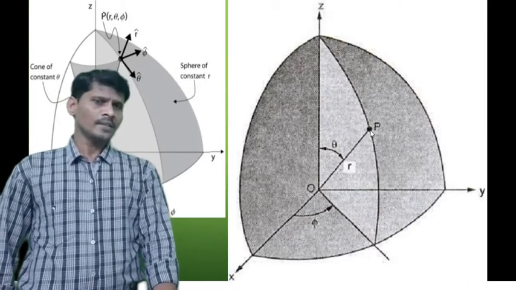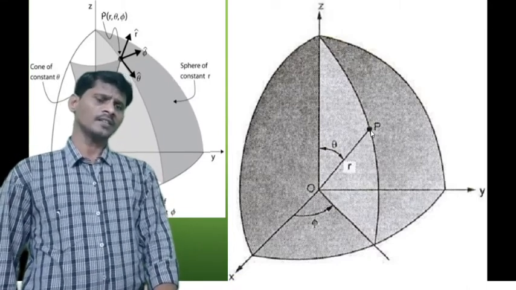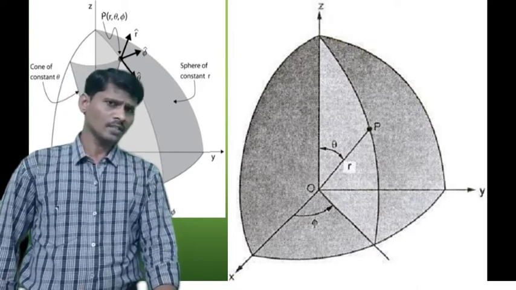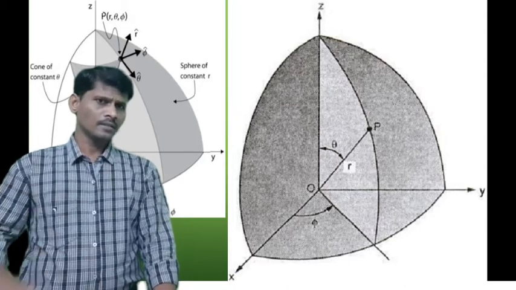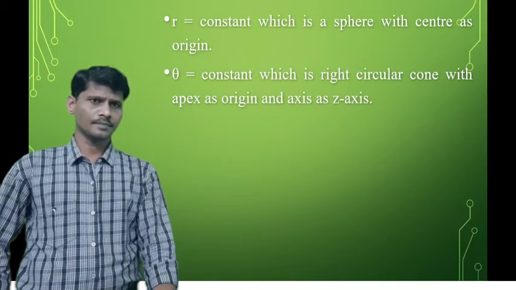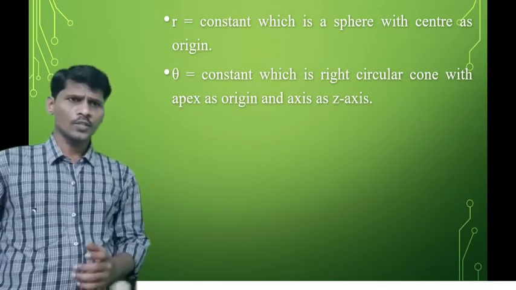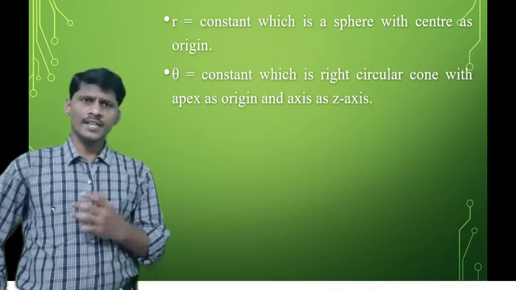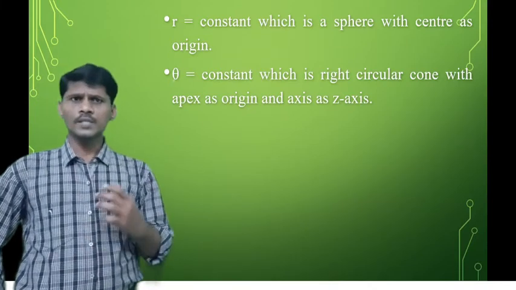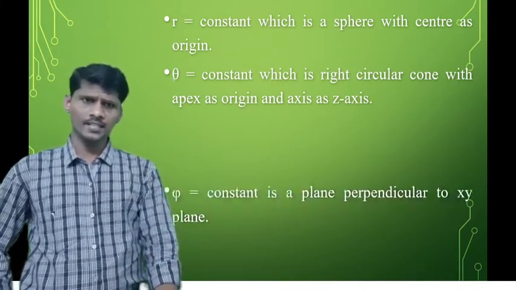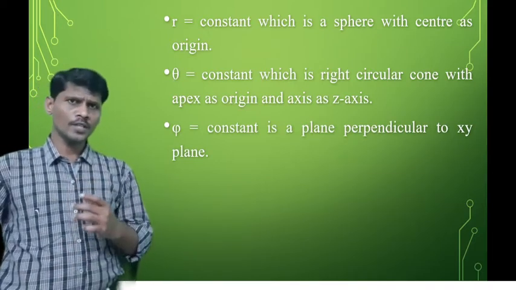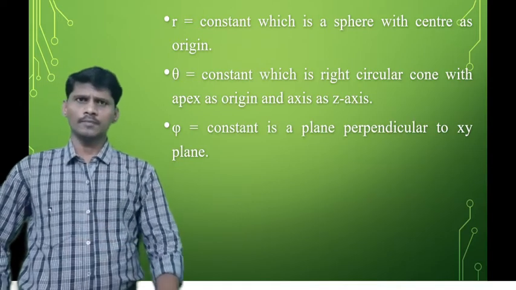At that point, the direction of r is the radial direction, the direction of phi is the a phi bar direction, and the direction of theta is the right circular cone direction. r is equal to constant is a sphere with center as origin, theta is equal to constant is a right circular cone with apex at the origin and axis as the z-axis. phi is equal to constant plane is perpendicular to the xy plane.